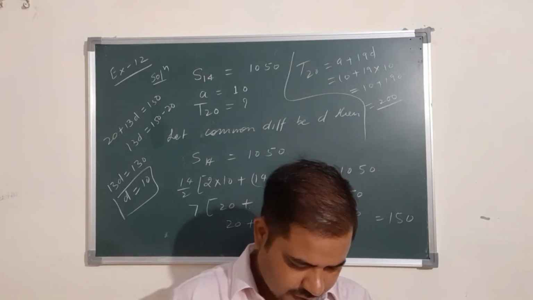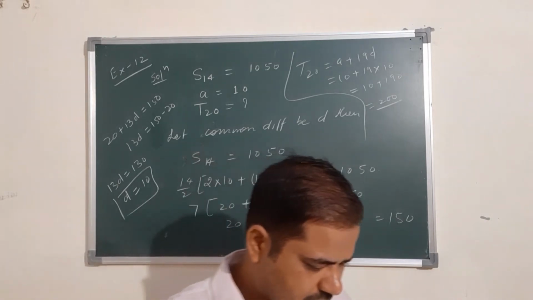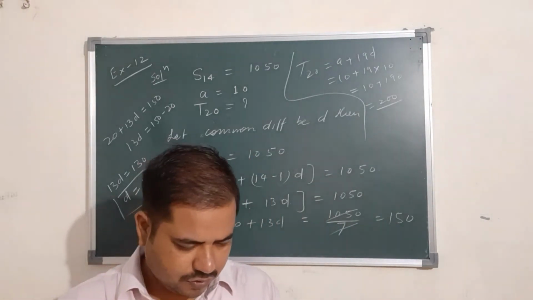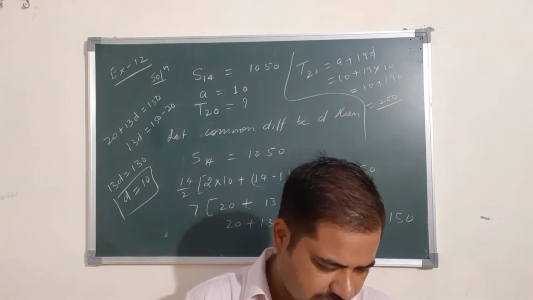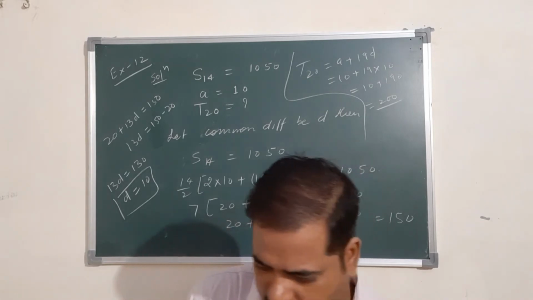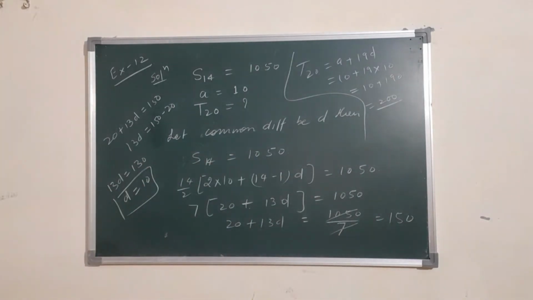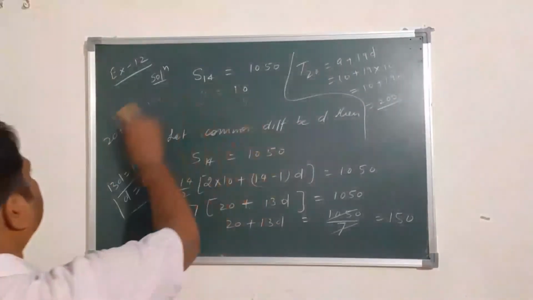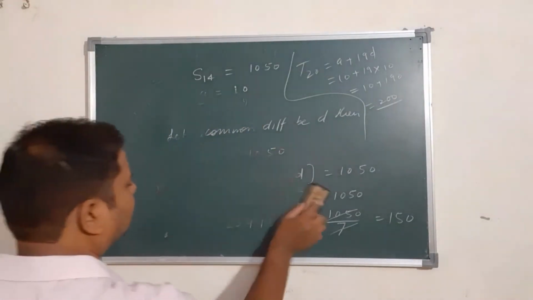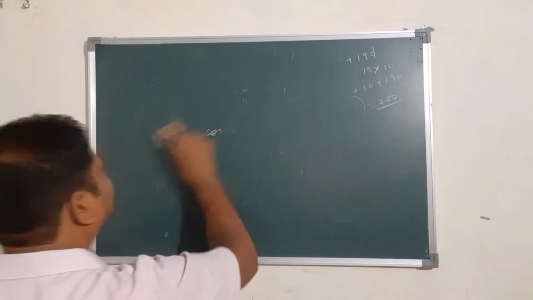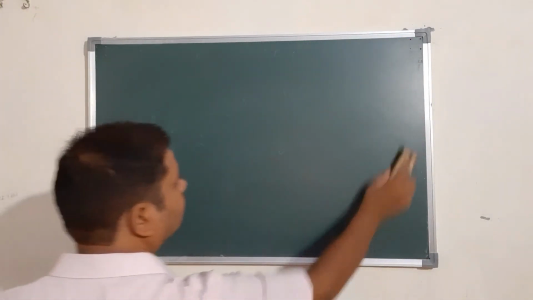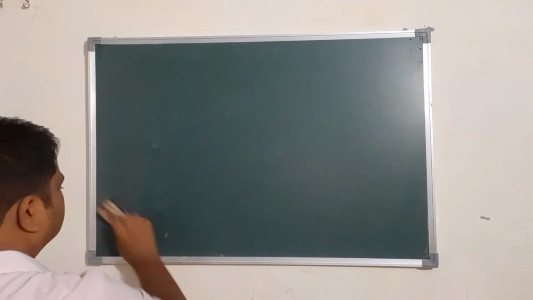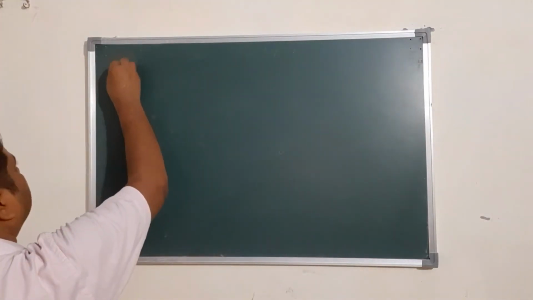Next one: how many terms of the AP 24, 21, 18 must be taken so that their sum is 78? This is also a good question. See example number 13.